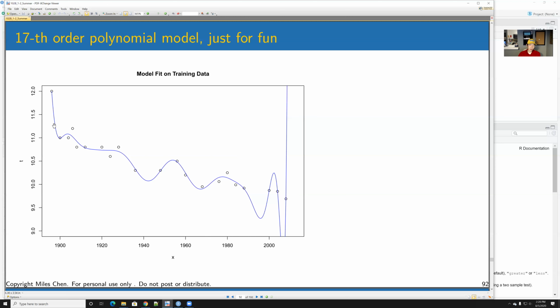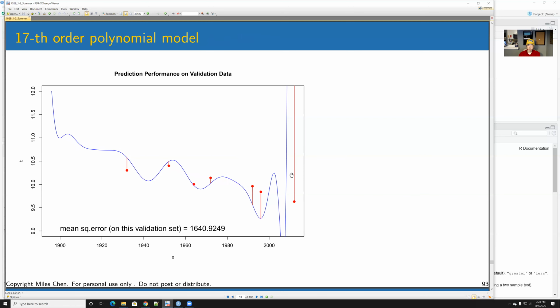You can see when we fit the 17th order polynomial on the set of 21, it actually does a pretty good job of fitting the visible data. It fits these ones perfectly, and there's very little error here. But when we take this same line and ask how well it predicted the remaining 7 data points, it did a terrible job, especially this one, because it's 17th order, this shoots off to a crazy value.